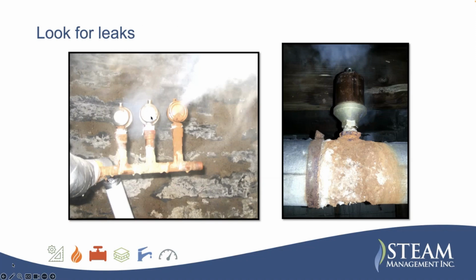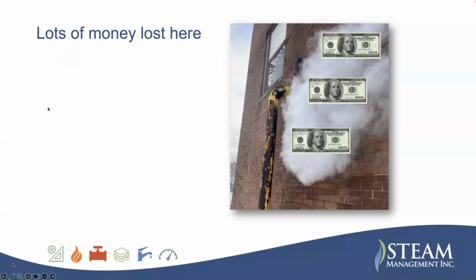Look for leaks. Do you see steam coming out? If you do, get them fixed. It'll destroy your boiler and piping pretty quickly. This was a relief valve on a school that we were looking to consult on, and I saw all the steam coming out of here, and I told the guy, "That's money you're losing, plus all the equipment you're destroying."